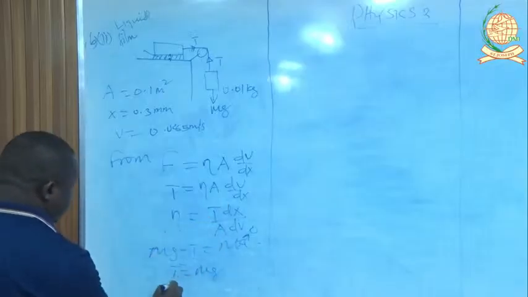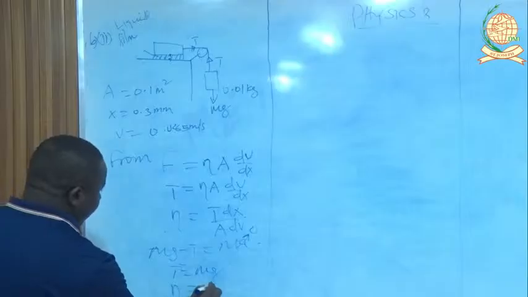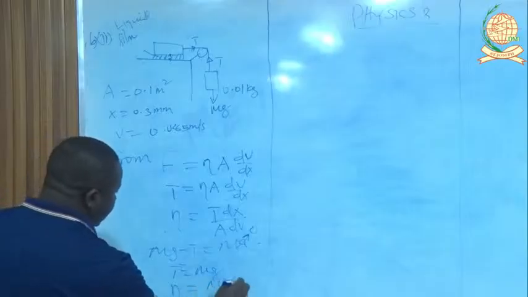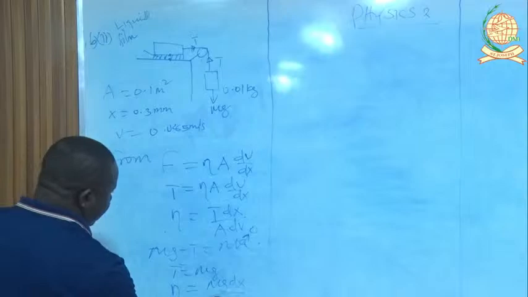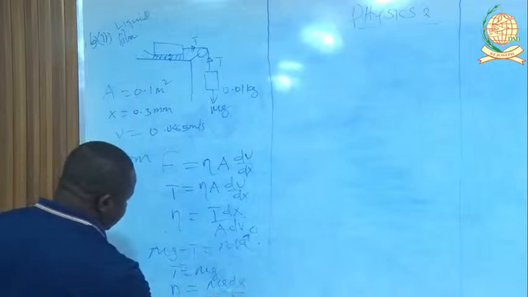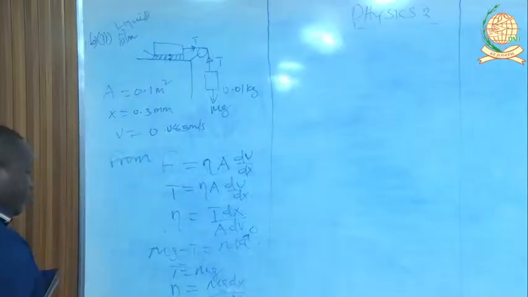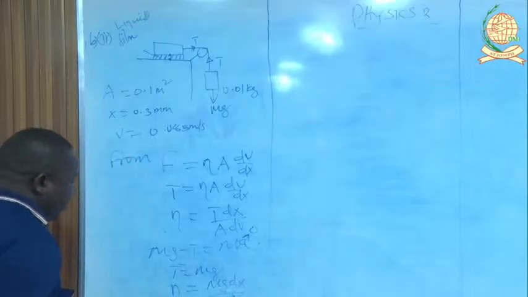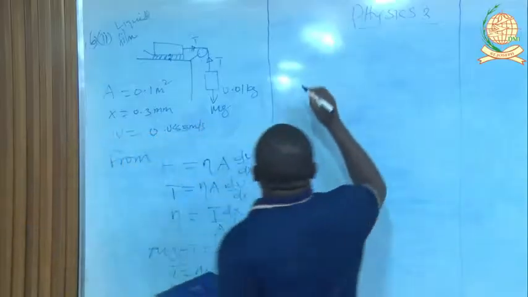So substituting it there, eta will be equal to mg times dx over area times velocity change. So we have everything, we can find what is eta.